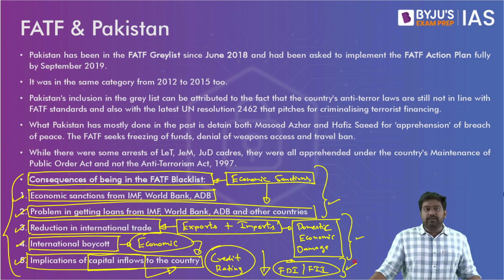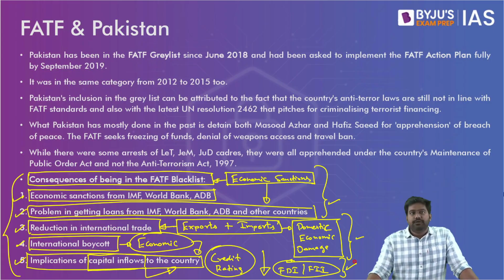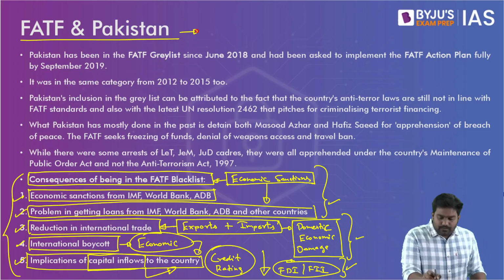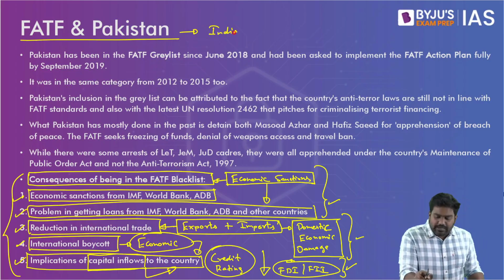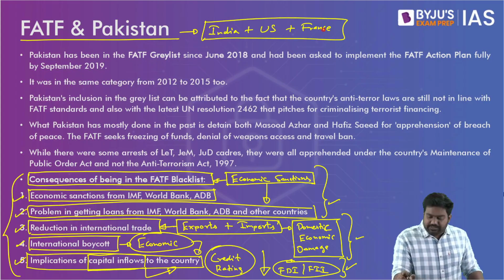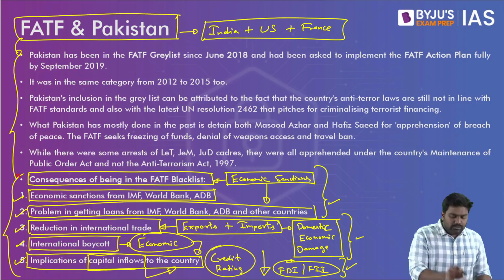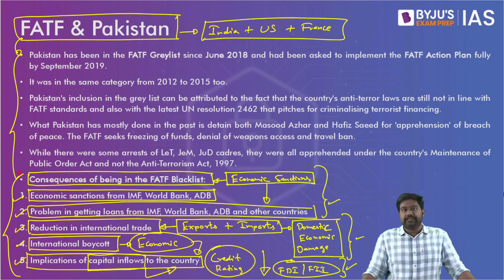And our dear neighbor Pakistan came very, very close to getting blacklisted. It has been grey listed multiple times because of the efforts of India, US, France, and other like-minded countries. They have targeted countries like Pakistan, which have allowed money laundering to continue as they enable terror financing.